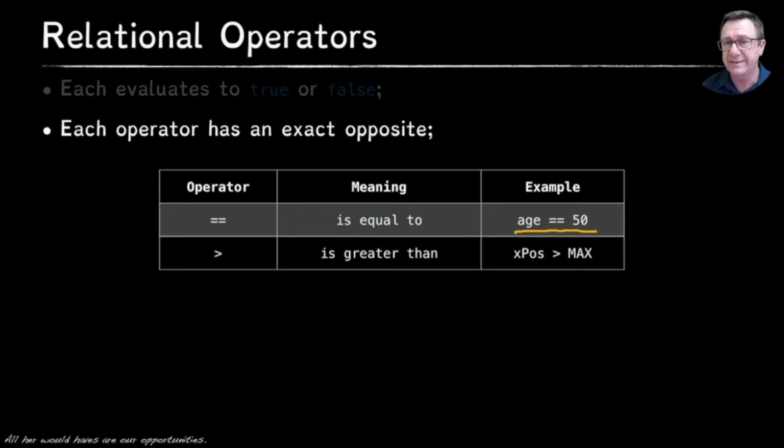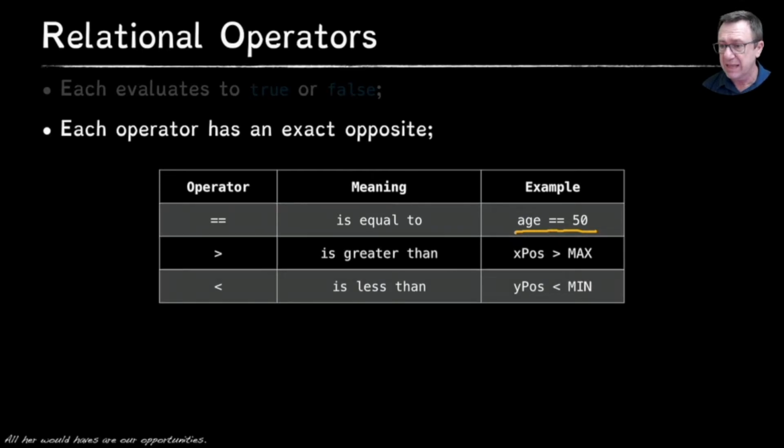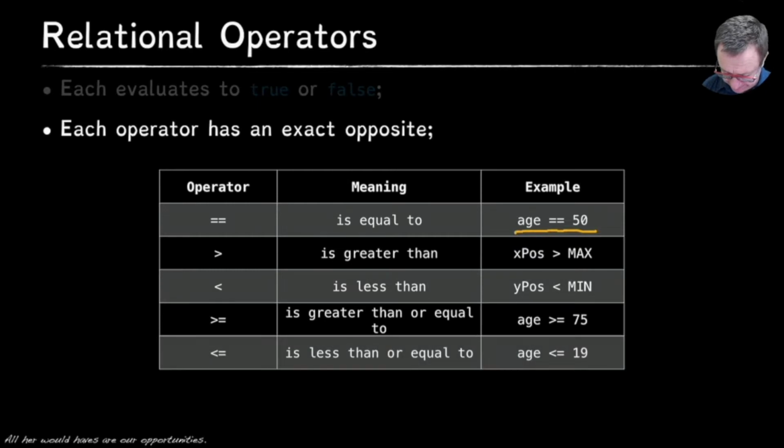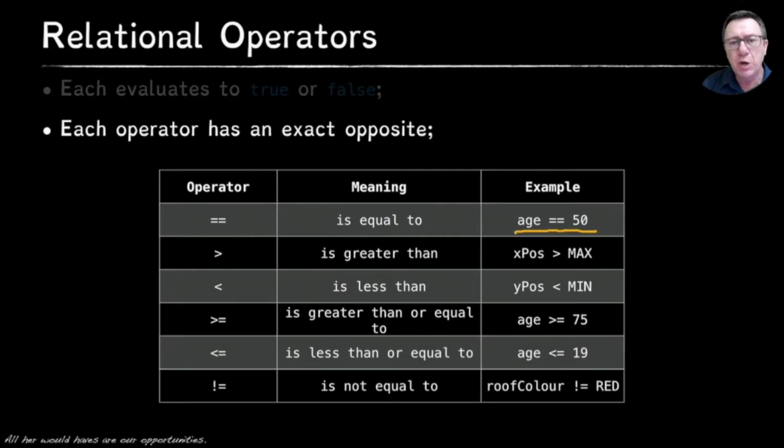Greater than, less than, greater than or equal to, less than or equal to, and not equal to. This is the one that often gets people. The exclamation mark equals means not equal to.